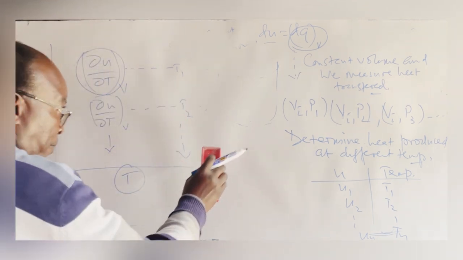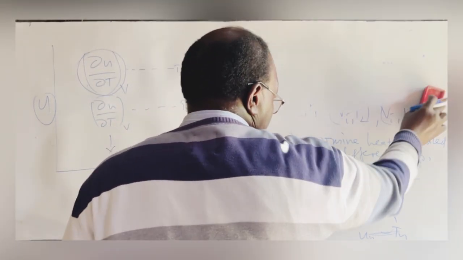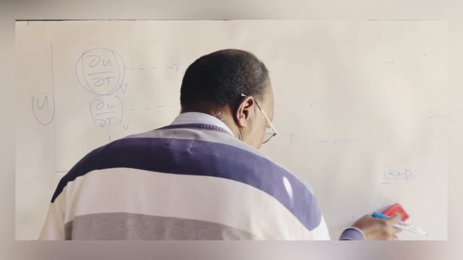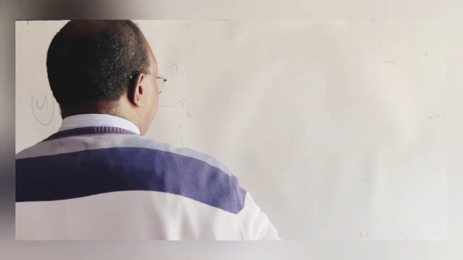So that when you now plot the variation of heat capacity with temperature, you will end up with this type of plot.